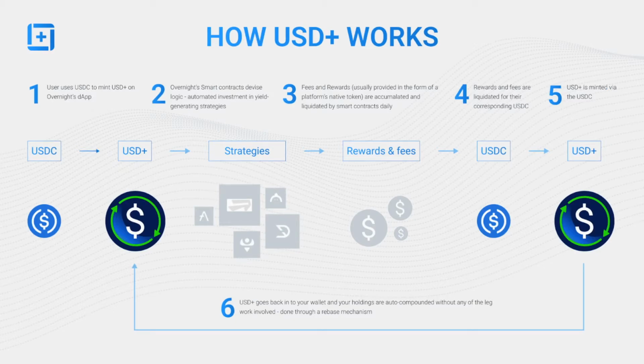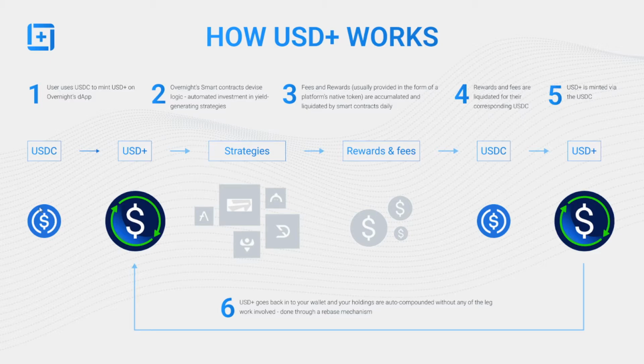So now that we have a refresher on what a liquidity pool is and how a traditional liquidity pool works, we can go back and give a refresher about how USD Plus works. As we know, USD Plus is pegged 1-to-1 to USDC, and it is 100% collateralized.